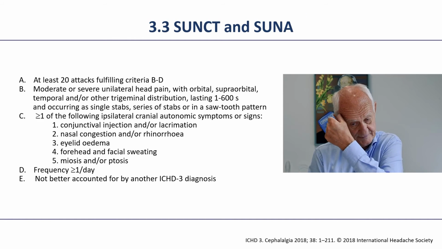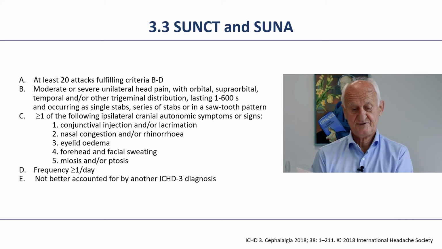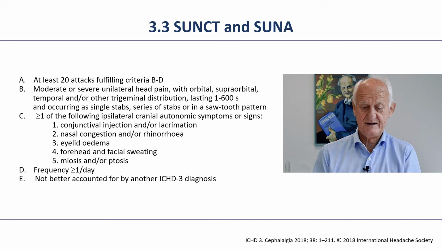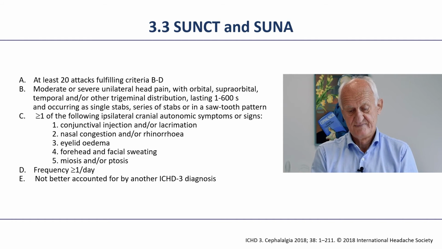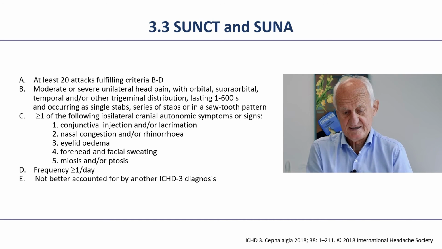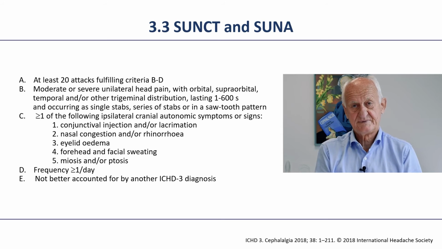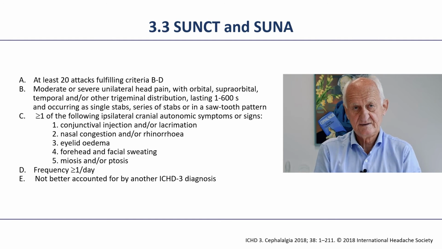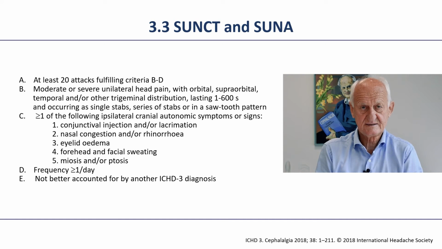Then we have SUNCT and SUNA, short-lasting unilateral neuralgiform pains, and these are even more short-lasting than the paroxysmal hemicranias, but there's some overlap in the duration of the attacks.